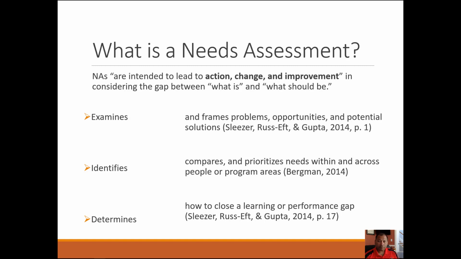It is going to help us lead the actions that will result in change, that will ultimately give us improvement in considering the gap between what it is and what should be.